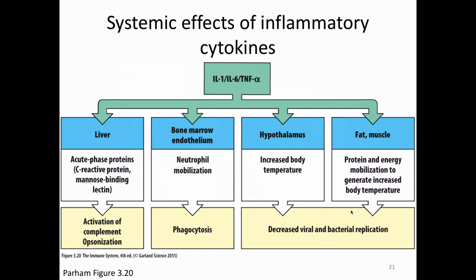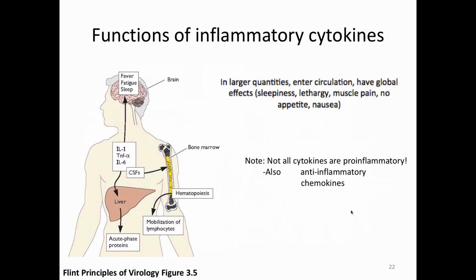So in fact, many of your inflammatory cytokines lead to the effects you think of as being sick. In large quantities, those inflammatory cytokines, your IL-1 beta, your TNF-alpha, your IL-6, can do the things we've talked about, the acute phase protein production, mobilization of lymphocytes from the bone marrow, but they can also enter your circulation and start to have effects like fever, like making you feel sleepy, like making you lethargic and have no energy, like giving you muscle pain, giving you no appetite or nausea.